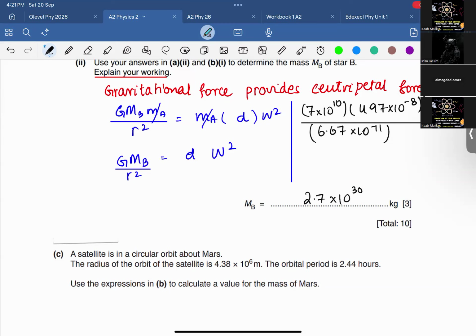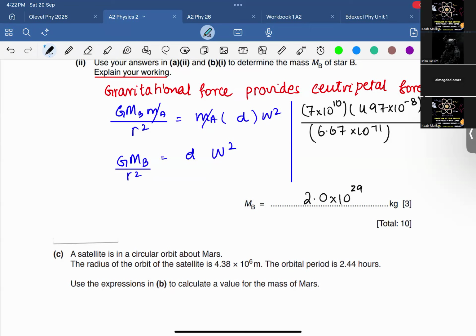Okay, I am getting 2.0 exponent 29. Are you getting 30? No, I'm getting 2.7 into 10 to the power 29. The marking key says it is 2.0 exponent 29. Yeah, that's what I'm getting. Oh, 2.0, yes.